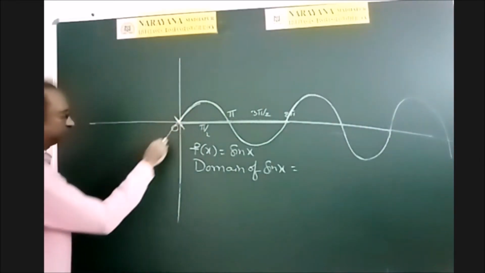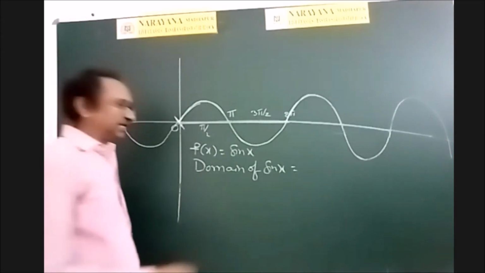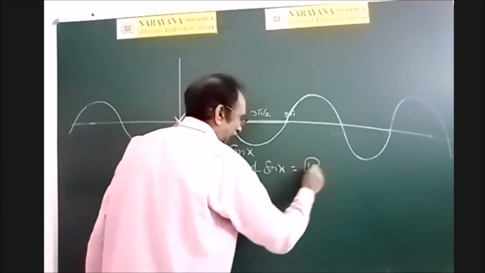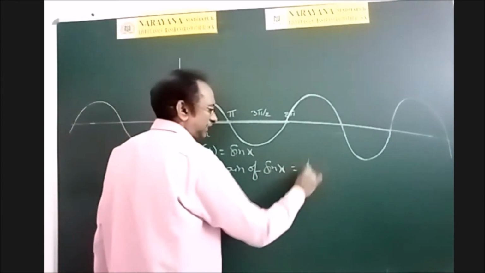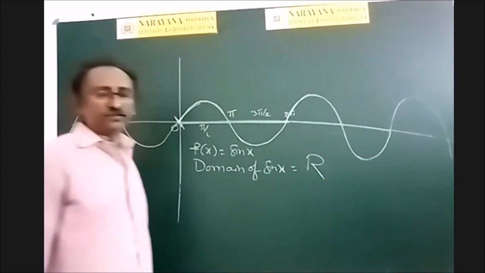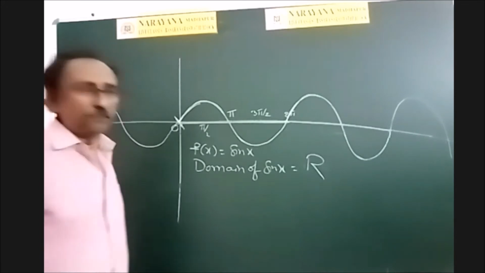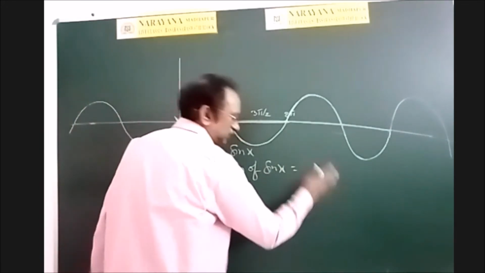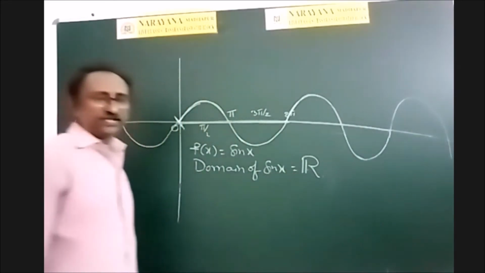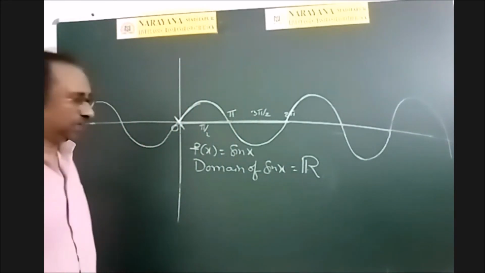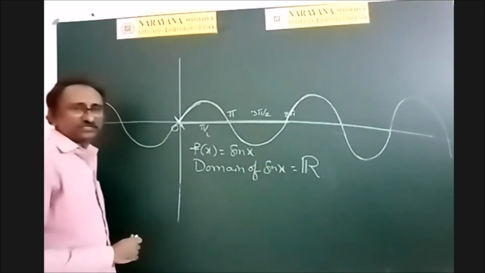Like this, we can extend to negative values also. Therefore, the domain is any real number, that is capital R. I can write simply capital R, no problem. The set of all real numbers is represented by capital R, but to differentiate it from other symbols, in general we write it like this. That is the symbol for the set of real numbers. So I can give any real number as input to the function sin x.